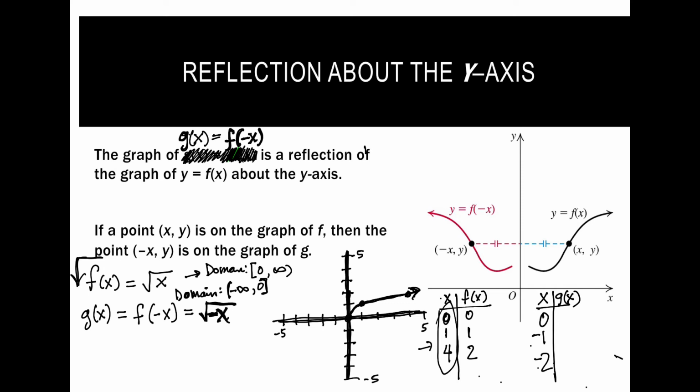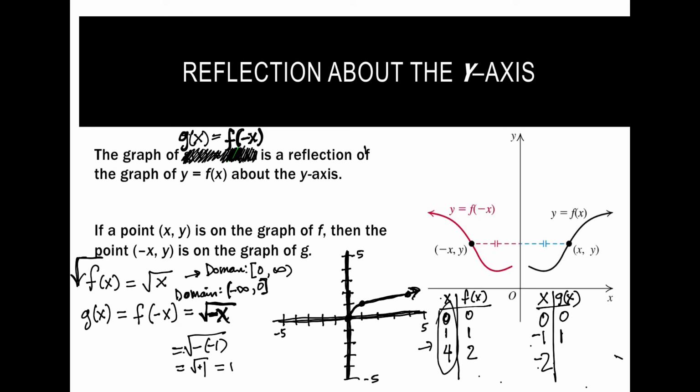As we saw when we plugged in 0, of course, the square root of -0 is the same as +0. When I plugged in the -1, we saw that that becomes the square root of the negative of -1, or the opposite of -1. And it helps sometimes to think of negative, especially when it's in front of variables, as being opposite. So that gives me the square root of +1, which is 1.